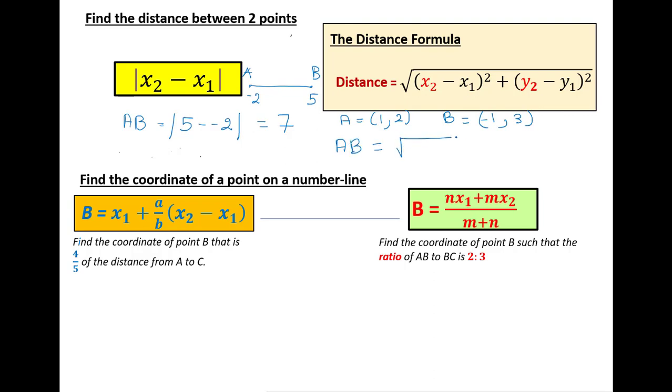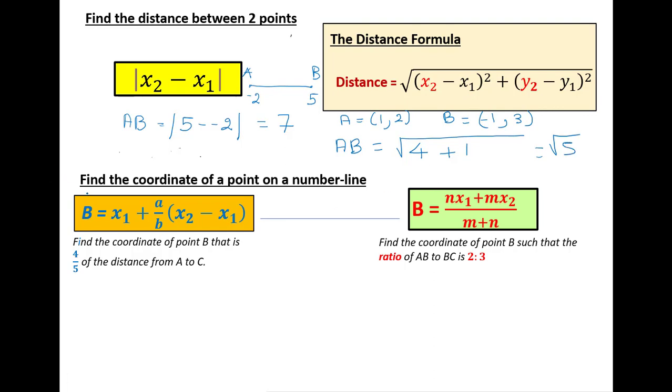So I put the square root of x2 minus x1 all squared, which is negative 1 minus 1 all squared, which is negative 2 squared, which is 4, plus y2 minus y1 all squared, which is 3 minus 2, which is 1. 1 squared is 1. So this is the square root of 5, and this is my answer.